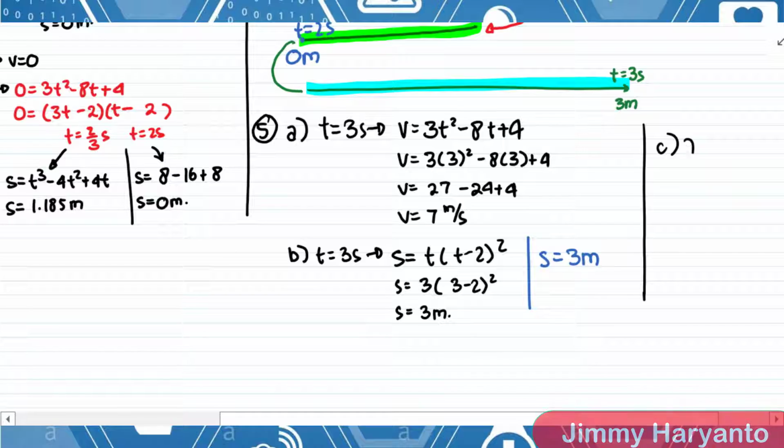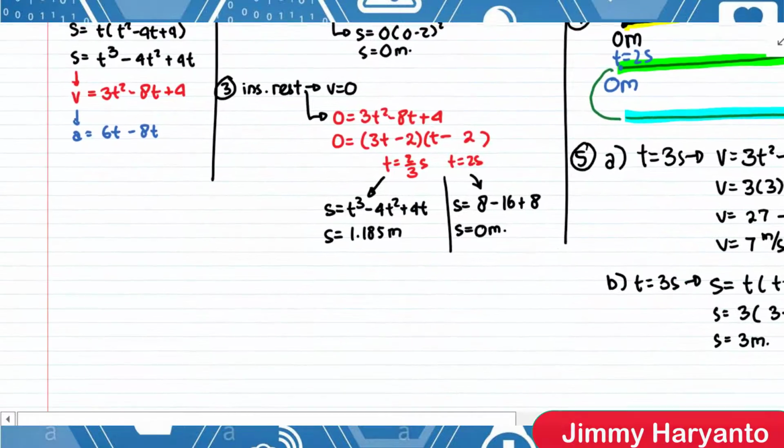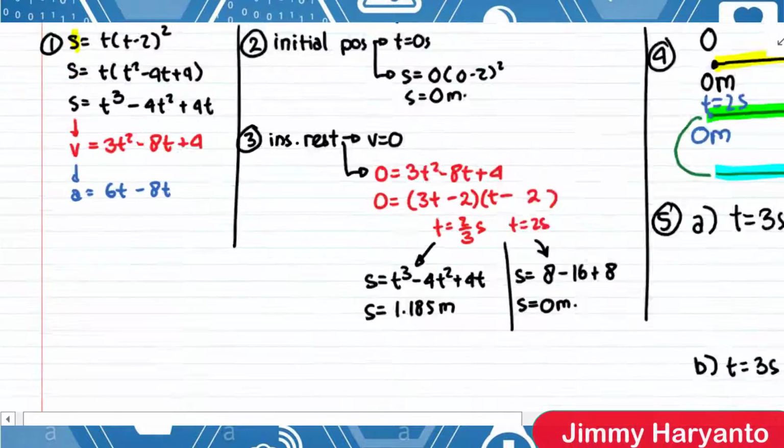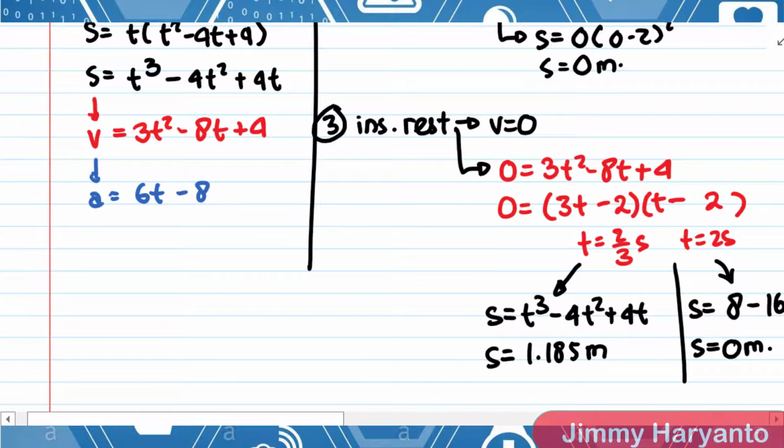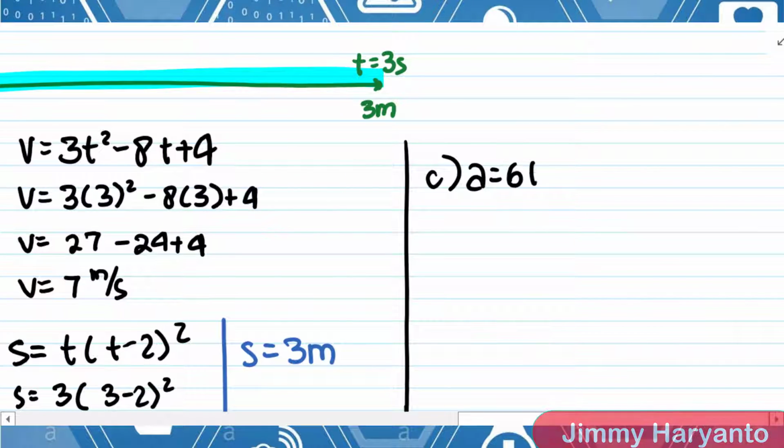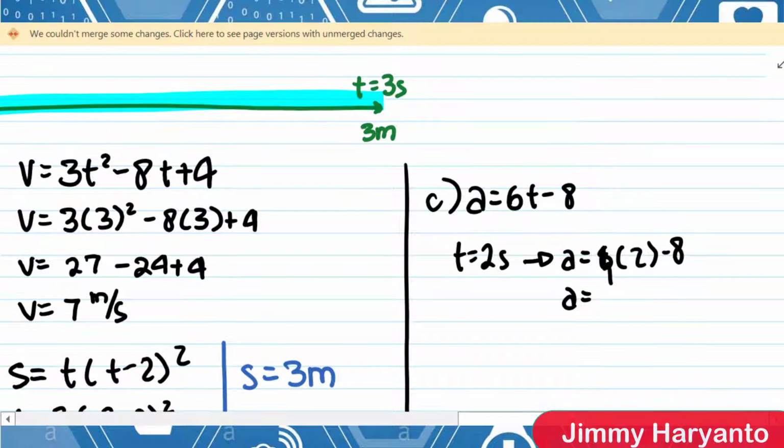So the acceleration is 6, wait, what? Oh, I'm so sorry, this one is 6t minus 8. When t equals 2 seconds, the value of the acceleration will be 6 times 2 minus 8, and then the value of the acceleration will be 4 meters per second squared. Okay, good.